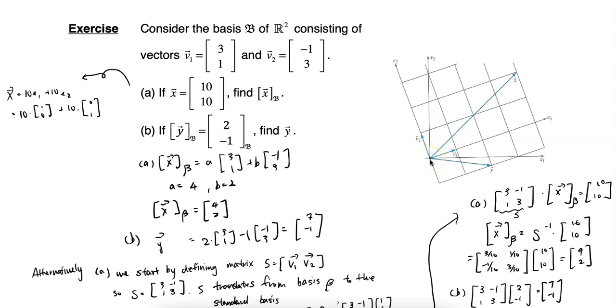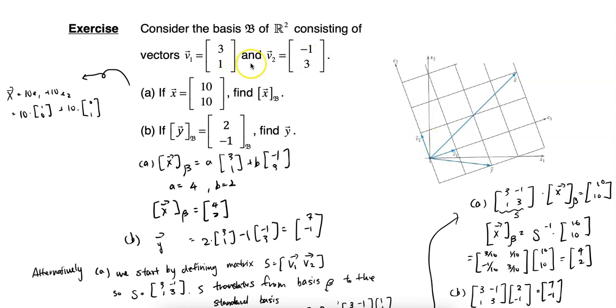We want to choose 2 new vectors that would define a new basis for R2, for the plane. And we choose vectors v1 equals (3, 1) and v2 equals (-1, 3).